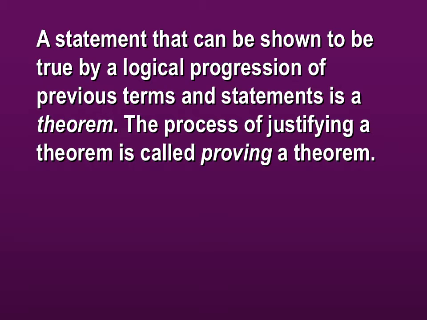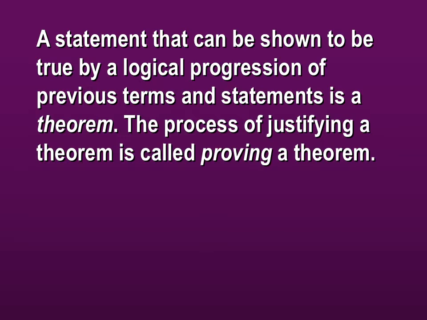So if we have a statement that is shown to be true by logical progression of previous statements, previous terms, and definitions, we call that a theorem. So a theorem is a statement that is shown to be true by a logical progression.